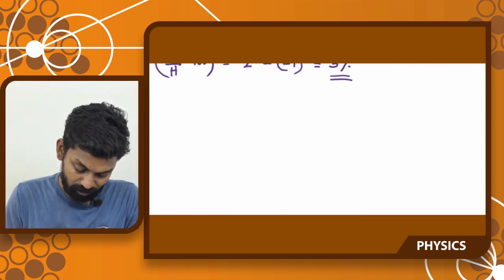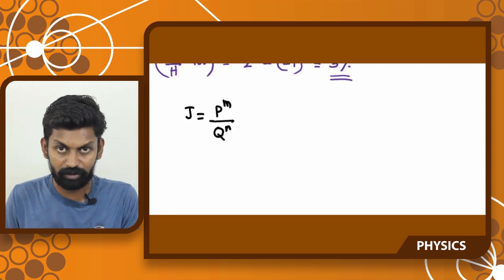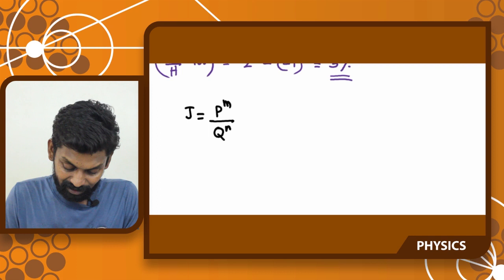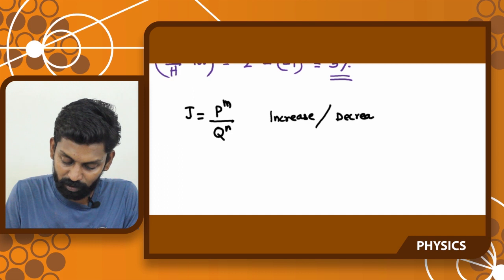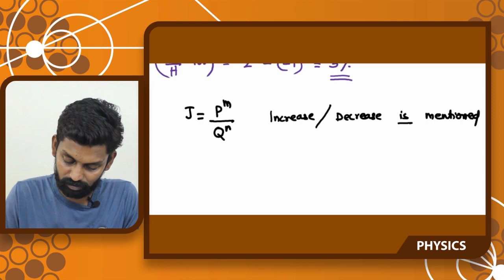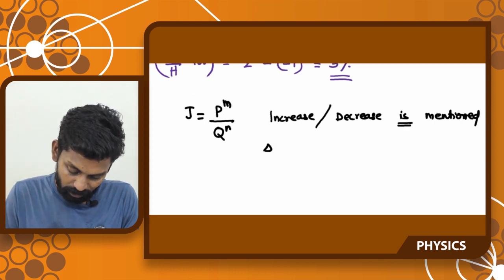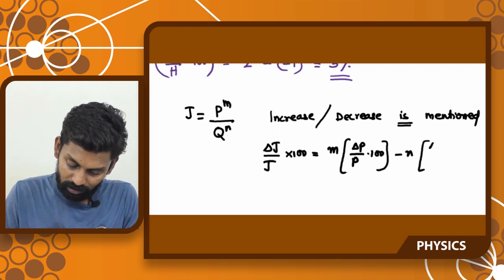If some physical quantity J is equal to P power M divided by Q power N, and in the given data the increase or decrease is mentioned, then you write delta J by J into 100 is equal to M into delta P by P into 100 minus N into delta Q by Q into 100.